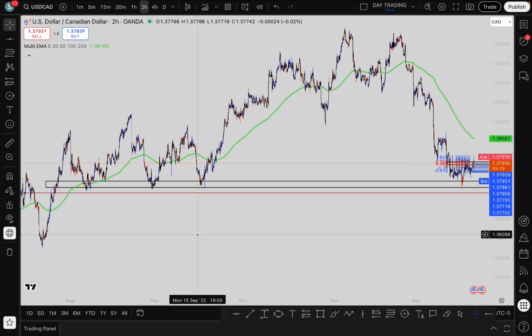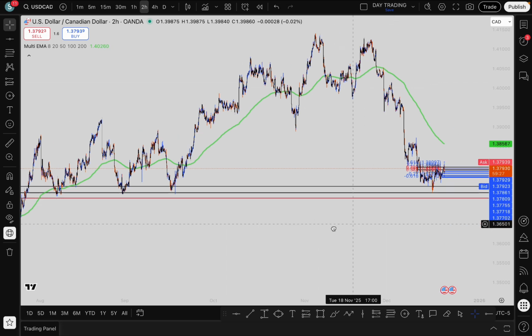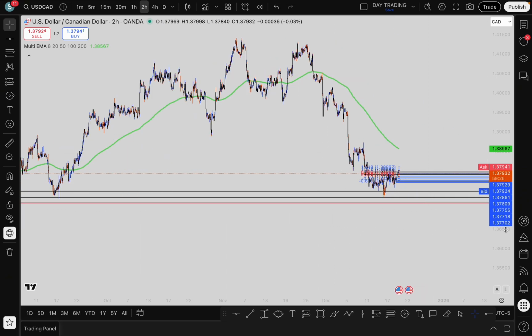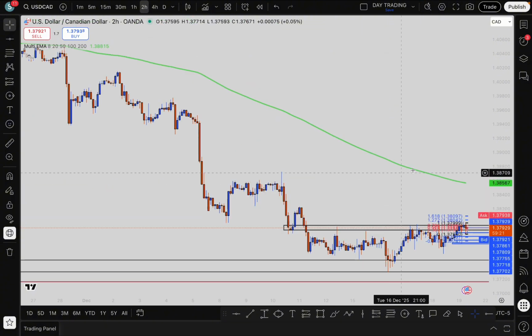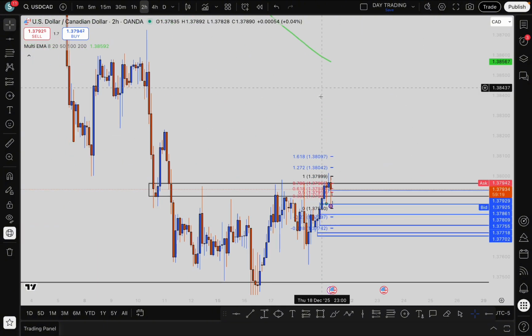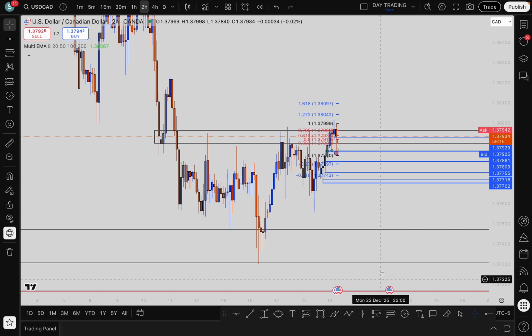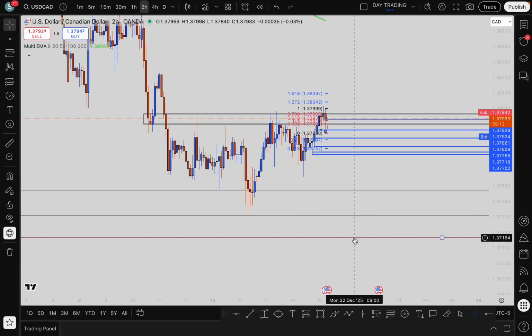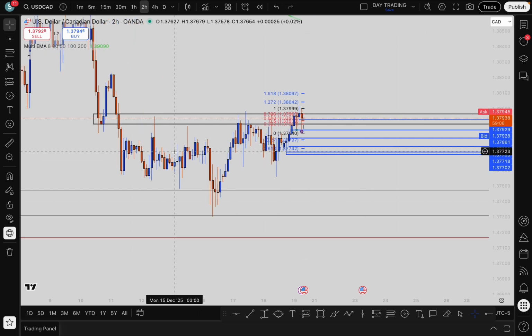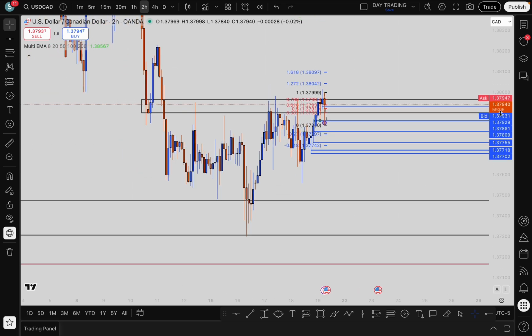So there's money here, and that's also why I want to take a sell, because we have resistance on the higher time frame, and then we have money down here. Price is gonna want to come and take up money, so that's what's making me sell right now.